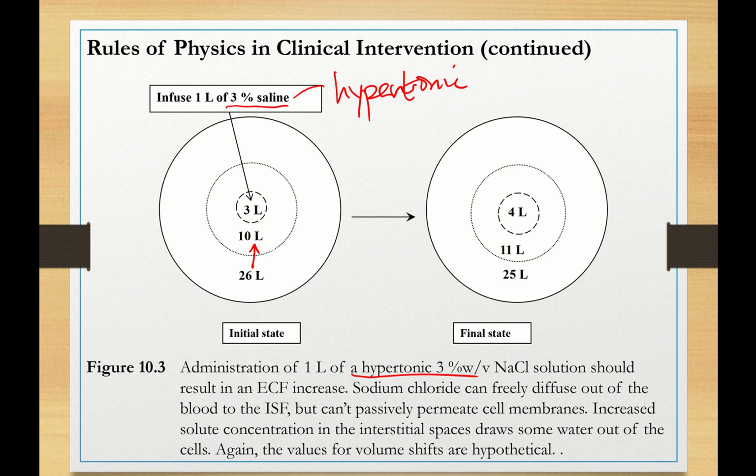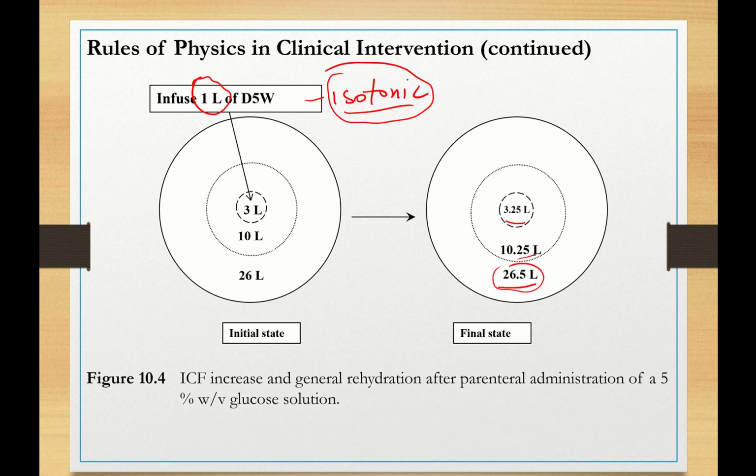Unlike the situation here, which is hypertonic, where you definitely cause a fluid shift from one compartment to another compartment, okay? But not in this case. Because you administer an isotonic dextrose, there are no body fluid shifts. But this isotonic solution volume is distributed into the 3 different compartments depending on where the solute is distributed.